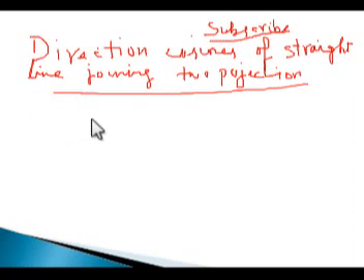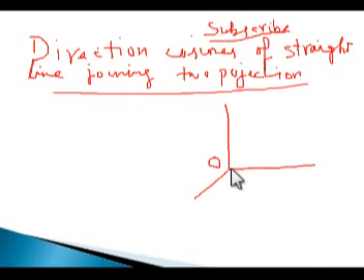So let's see how we can evaluate direction cosines of a straight line joining two points. I am drawing a diagram, a Cartesian rectangular coordinates diagram. Here, three perpendicular axes meet at the origin: x-axis, y-axis, and z-axis.